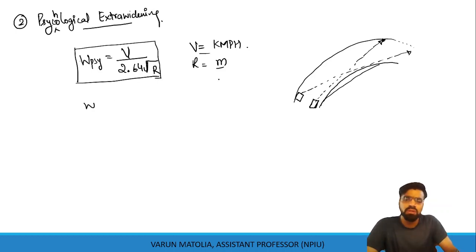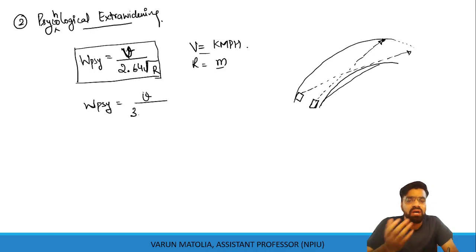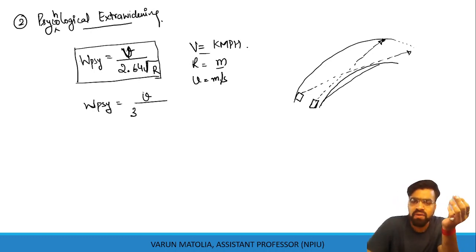V is also in meter per second. So we can write small v, this is in meter per second, but generally we are given the value of velocity in capital V, in kilometer per hour in questions.